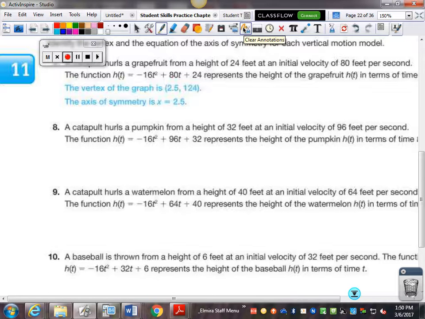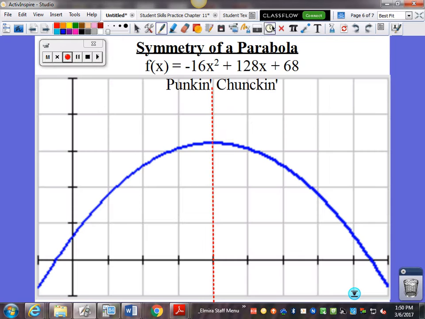In the next section, you're asked to find the axis of symmetry and the vertex. So what's an axis of symmetry? Well, this was the pumpkin chunkin example from the textbook, and the axis of symmetry is that line that passes through the vertex.